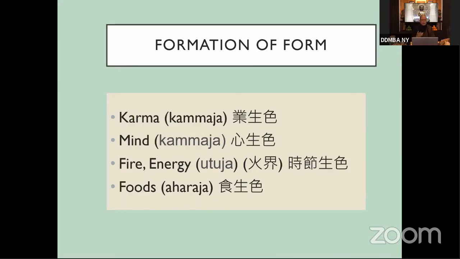And the mind also contributes to the formation of form. So from the Abhidhamma, once we enter into the embryo, all the mental activity contributes to the aggregation of the form. And it's constantly changing.